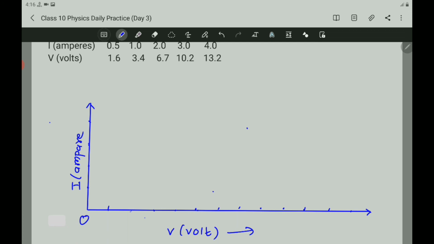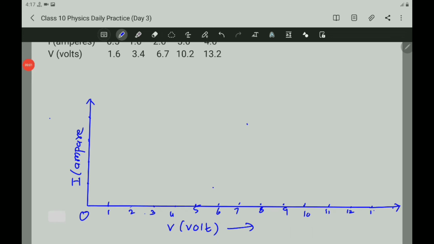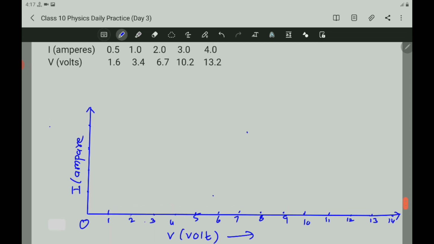The potential difference starts from 1.6, so let us take 1 unit equals 1 volt: 1, 2, 3, up to 14. On the y-axis, up to 4 is there, so take 1, 2, 3, 4.